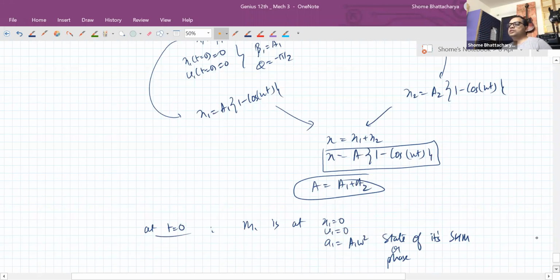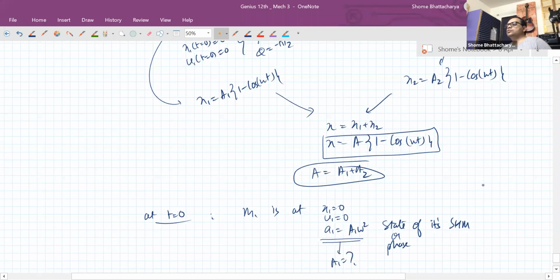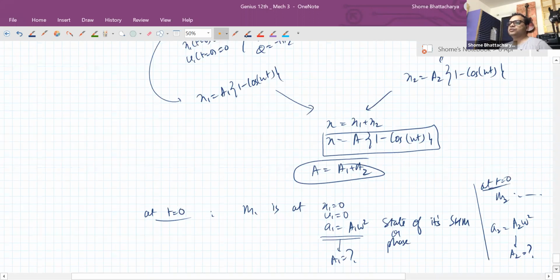So from this we can calculate how much a1 is. And ditto same for m2. So a2 at t equal to 0, whatever value we calculated, that gives us capital A2. So that becomes the simplest way of finding out the maximum extension of the spring, which is capital A1 plus capital A2. So we have to approach this question with that prior knowledge. Okay, then we can do it in the shortest possible way.